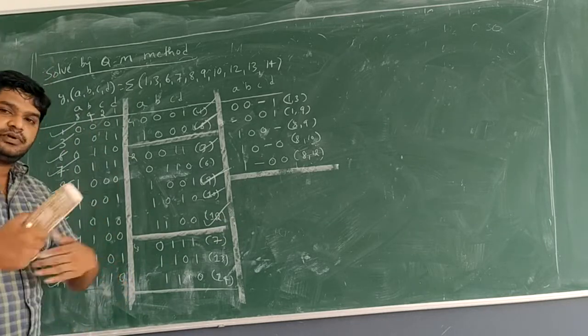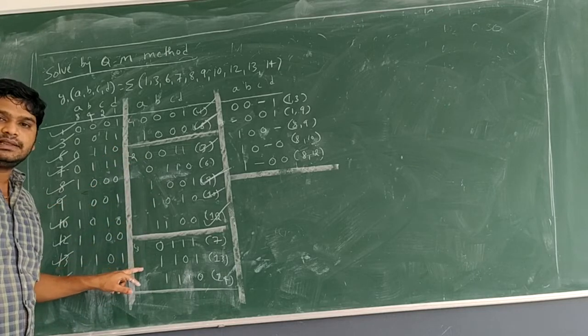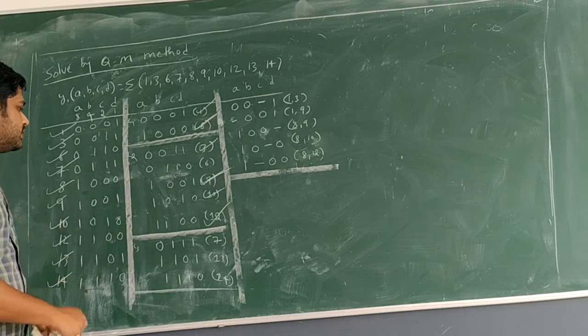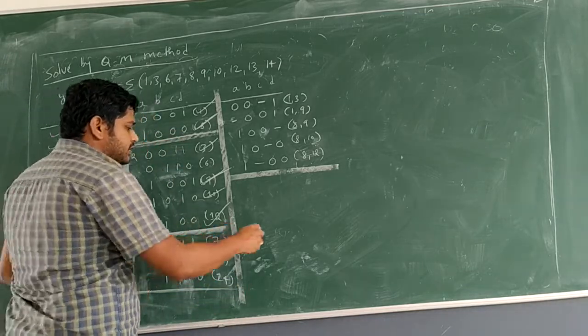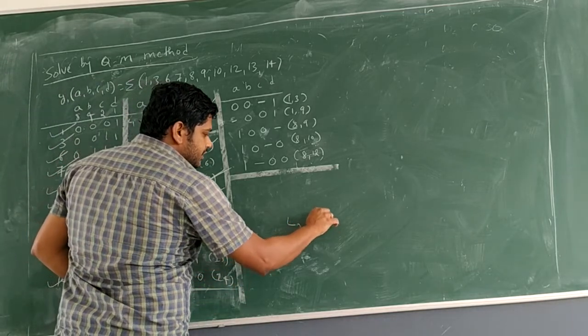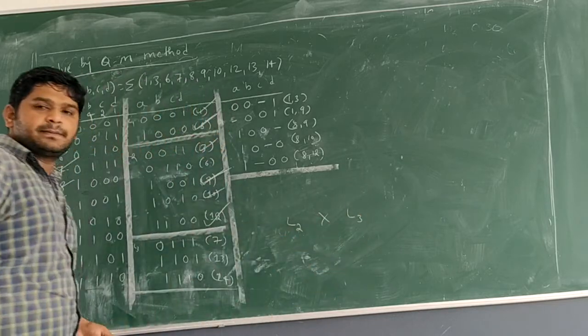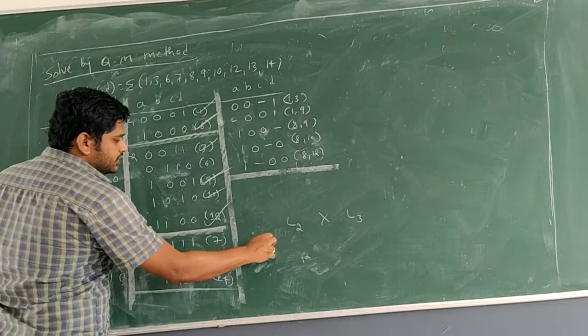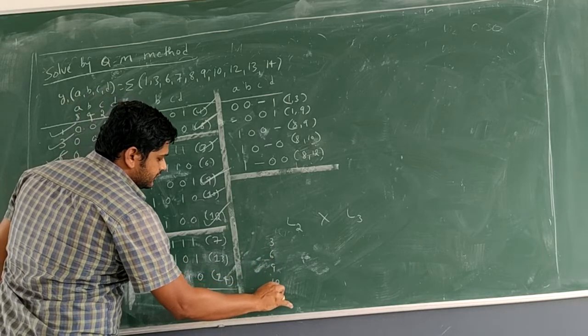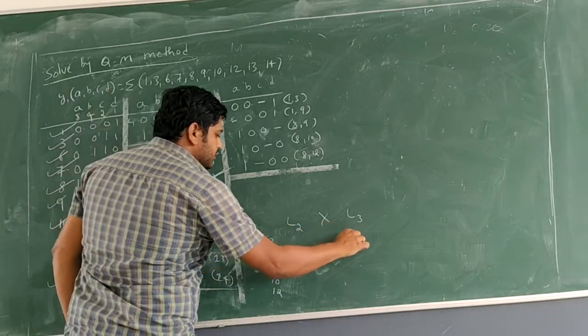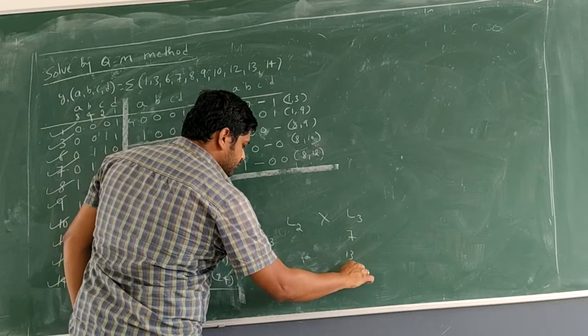Now, what is the next possibility? L2 with L3. See, L2 with L3. How to write now? L2 Cartesian product with L3. Okay. So here, what are the tuples? 3, 6, 9, 10, 12 with 7, 13, 14.